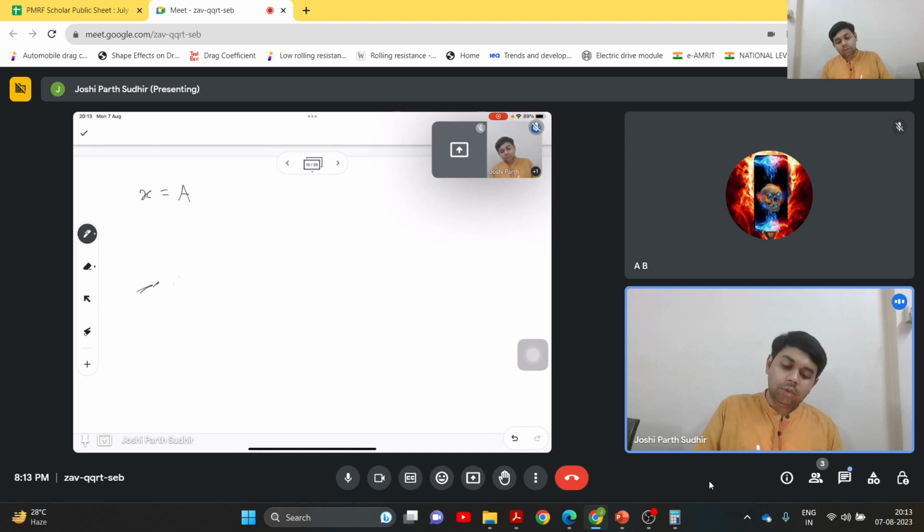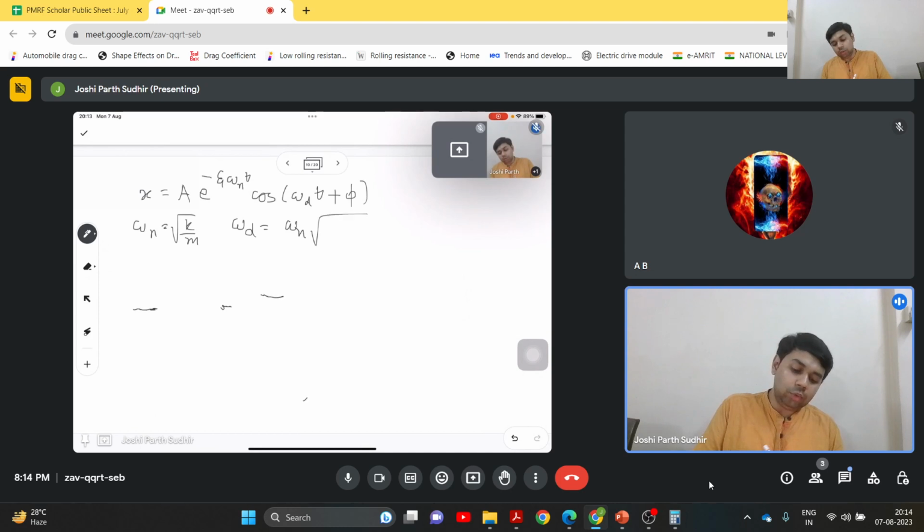So we can write out the general form of the solution. We know omega n is root k by m, and omega d is omega n into root of 1 minus zeta square. We have to find zeta itself.